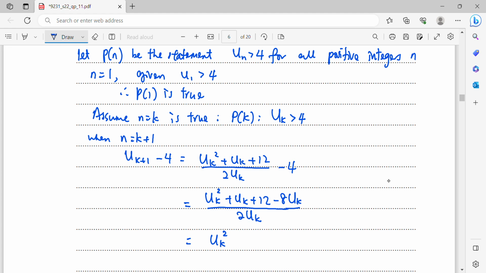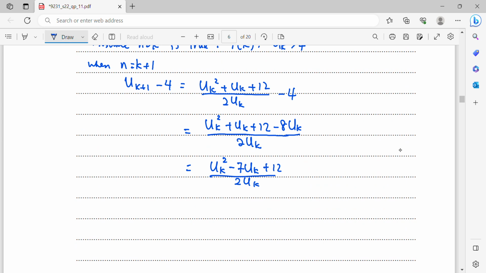You will get (uk squared minus 7uk plus 12) divided by 2uk. Now it is a quadratic in the numerator, therefore we need to factorize. Once you have factorized, you should get two factors: the first is uk minus 4, and the second is uk minus 3.